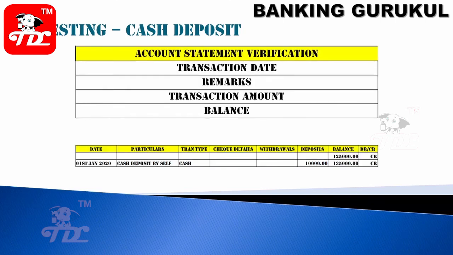And you can verify the account statement. In the account statement, verify whether the transaction date is correct, whether the remarks you mentioned in the system appear, whether the transaction amount is correctly posted in your account, whether the balance is updated, and whether it is a credit balance or debit balance. Those things you can also verify.